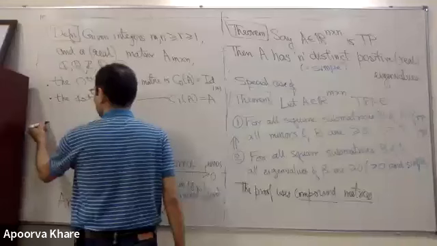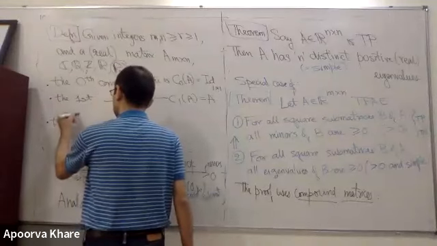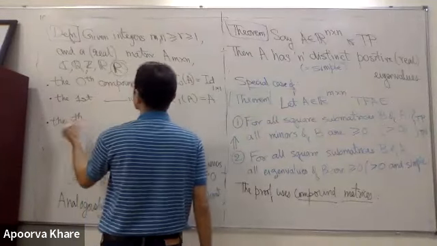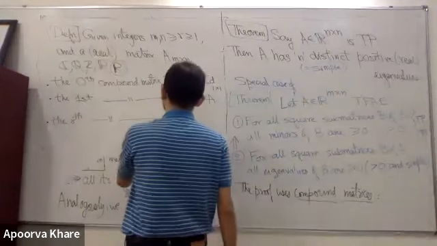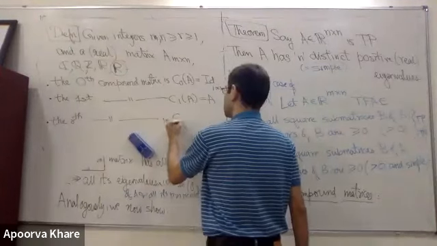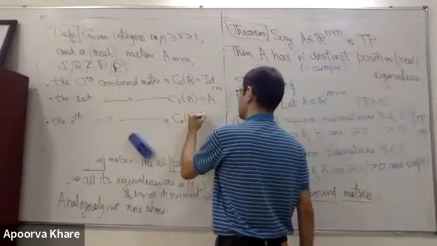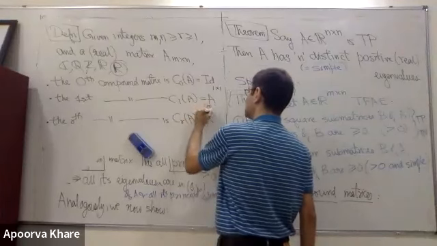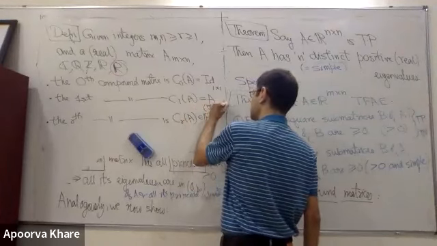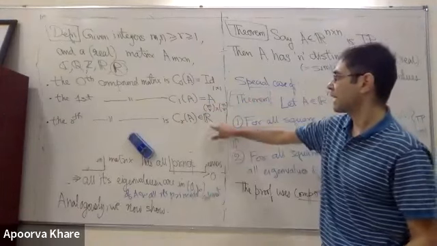And in general, the rth compound matrix C_r of A belongs to R to the m choose r cross n choose r. This is the dimension.